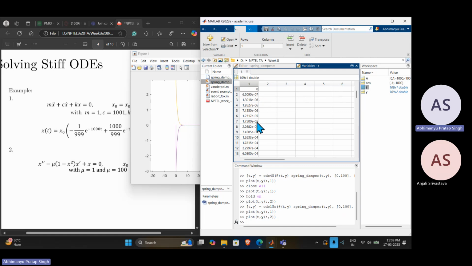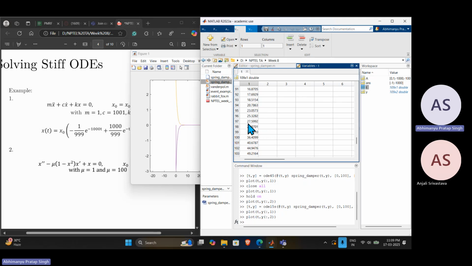Then it increases to 10 to the power -5, then 10 to the power -3, and this is now the increment of 0.5. Eventually the increment is very large, right?